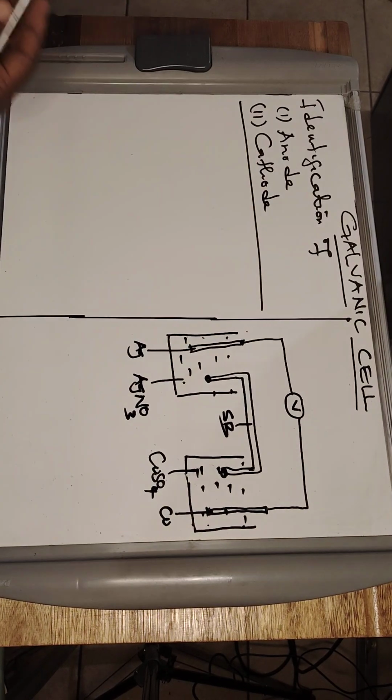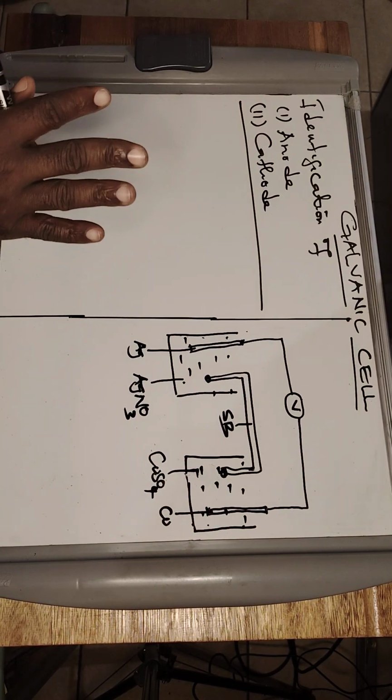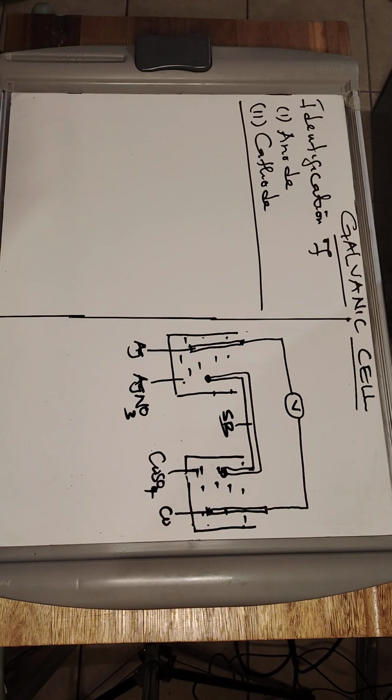What steps do we take to identify the cathode and anode? You can use several approaches to do this. You can use the relative positioning of the elements in the table, either 4A or 4B. Let us look at that one first.